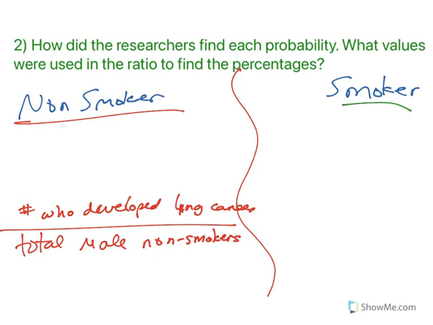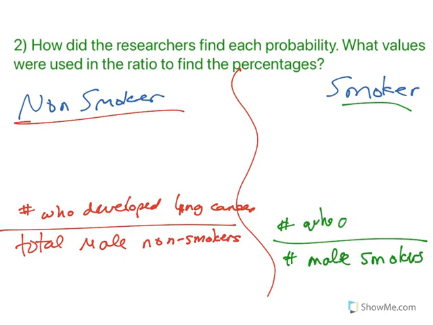For the smoker, we looked at the total number of male current smokers, and again in the numerator, the number who developed lung cancer. The numerator has the same ask, but the numbers are going to be different because you're looking at different populations. On the left, all of these men have never smoked, and we figure out how many in that group have lung cancer.